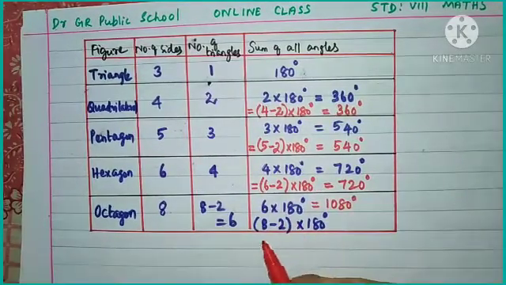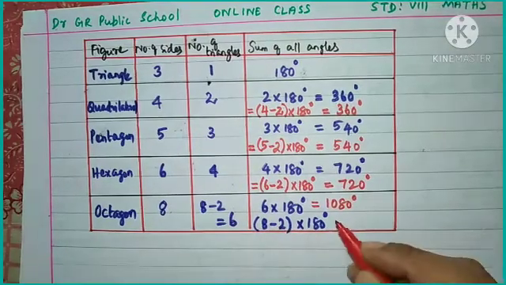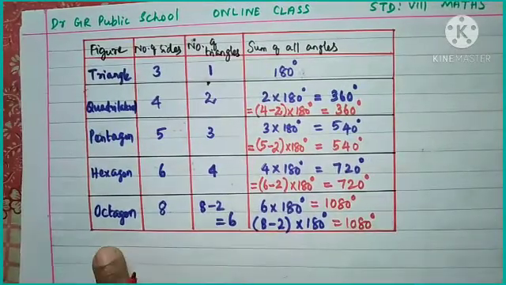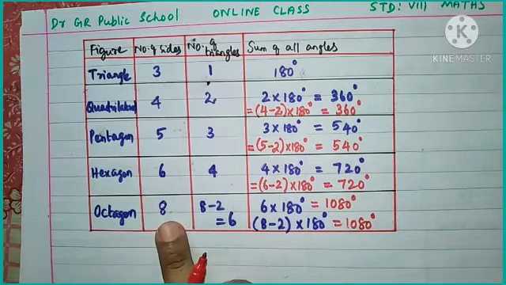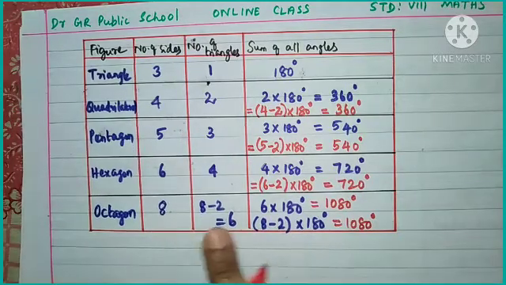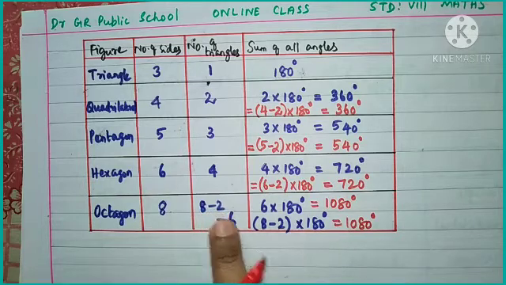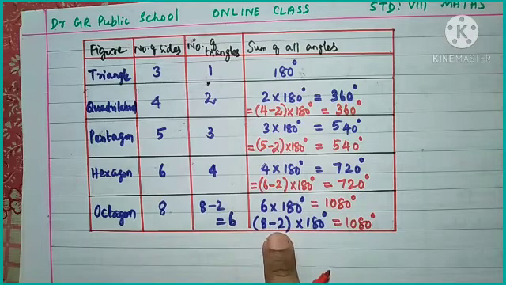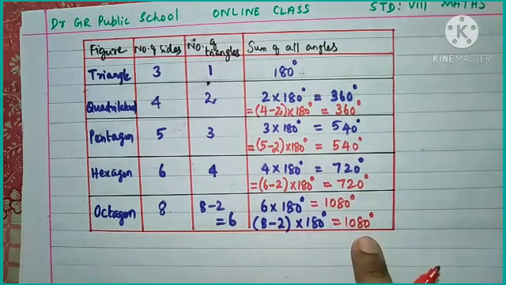So that is the same answer. For any type of closed figure, when the number of sides is given, we can identify the number of triangles by subtracting 2, and using that we can find the total angle sum of that closed figure.